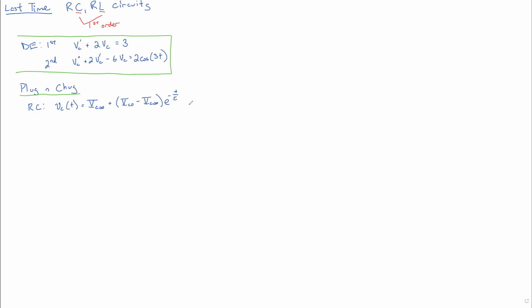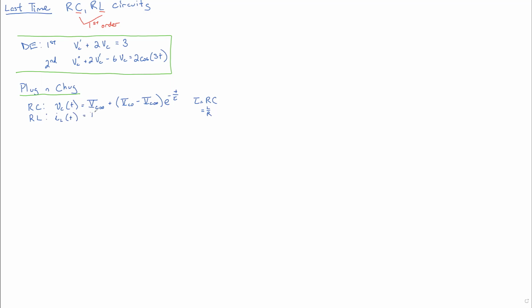And for tau, it's equal to RC. Or for an RL circuit, it would be equal to L over R. And so let's just do that for our RL circuit. We're going to do the same thing, except instead of VC, we're going to write it as IL.